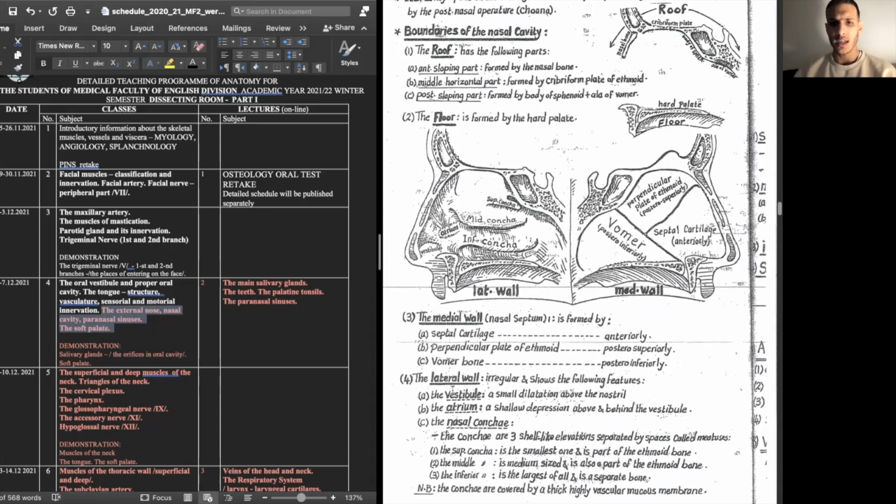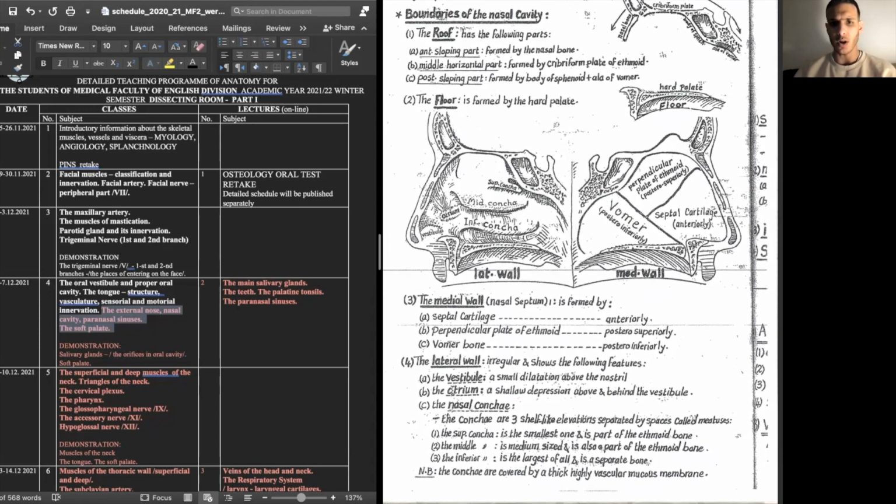The lateral wall is irregular because of the nasal conchae, and shows the following. The vestibule, a small dilation above the nostril, right here. That's the vestibule.